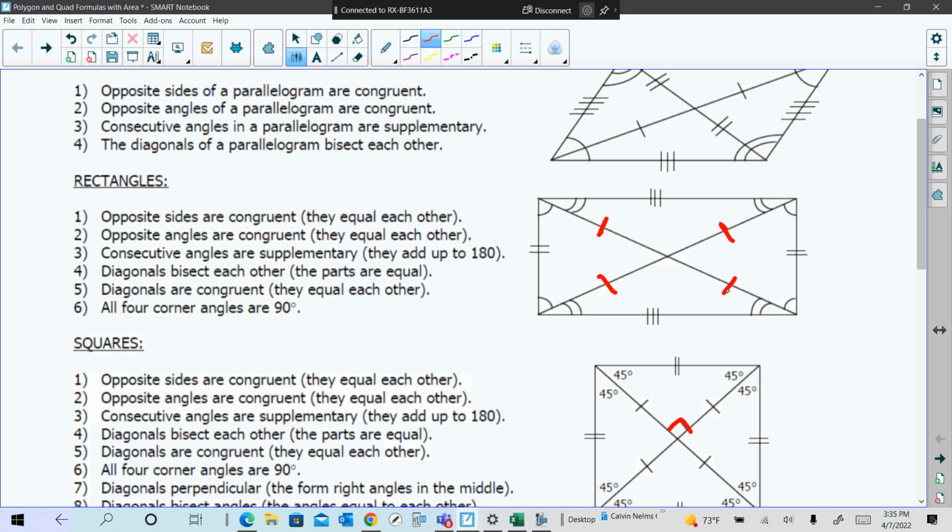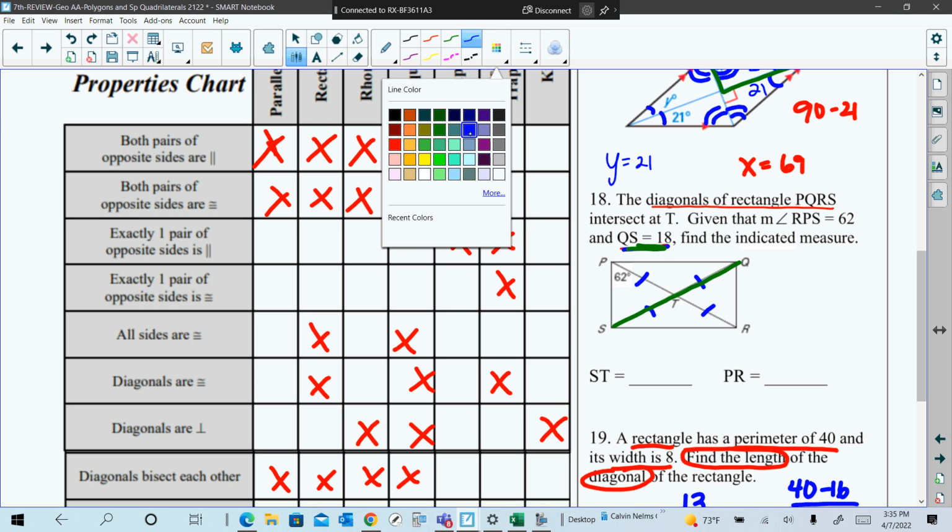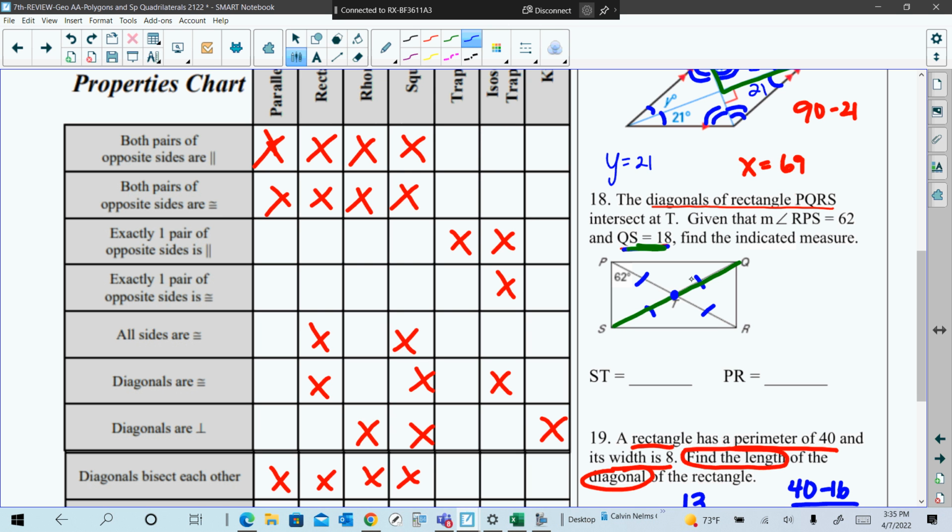If I mark it just like I see here, tick mark, tick mark, tick mark, tick mark, and I know that QS represents that whole diagonal, and that's 18, then it gets bisected, and it would have to be 9 and 9.